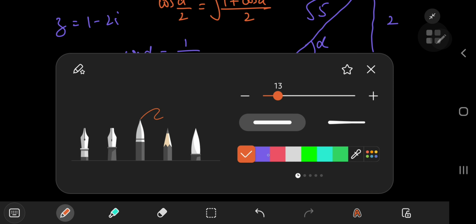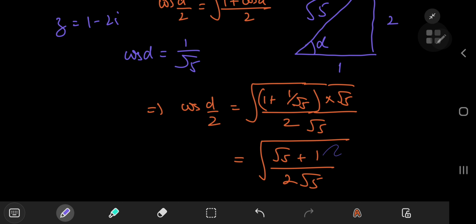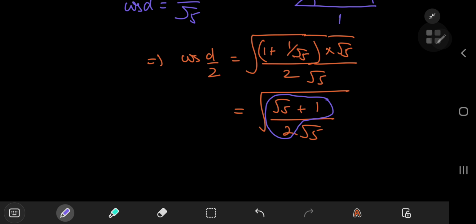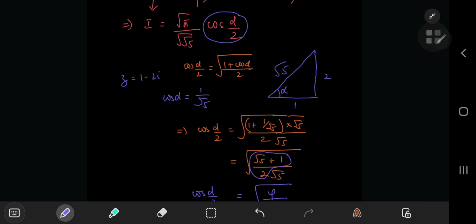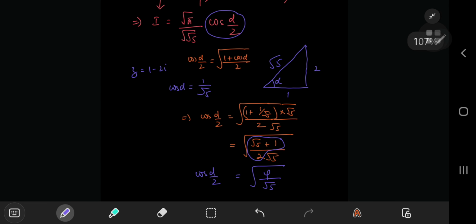And this ratio here, 1 plus the square root of 5 by 2, is the golden ratio. So we have the square root of phi by the square root of 5. Okay, this is fascinating.